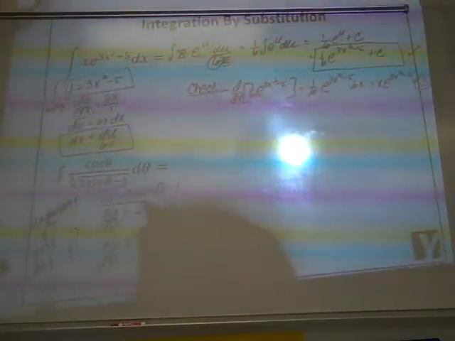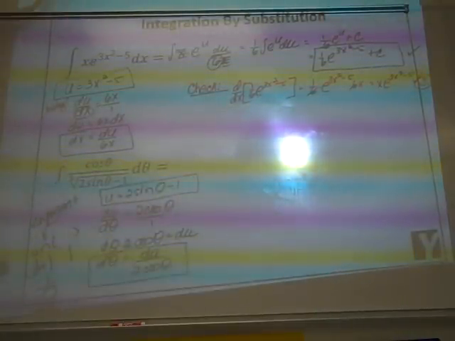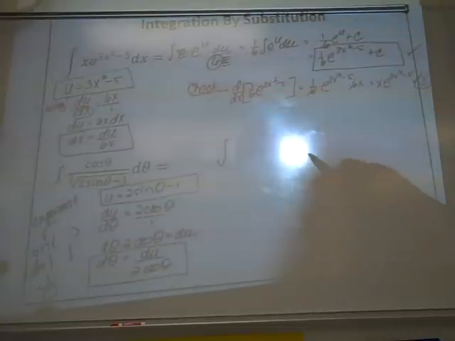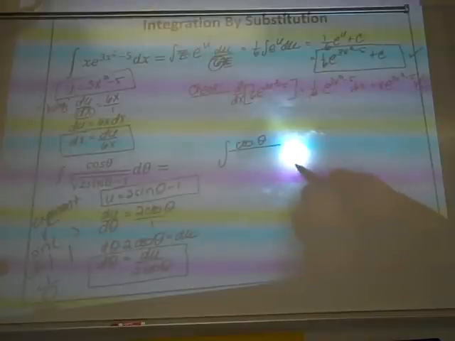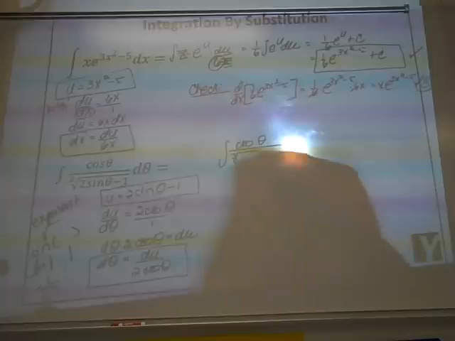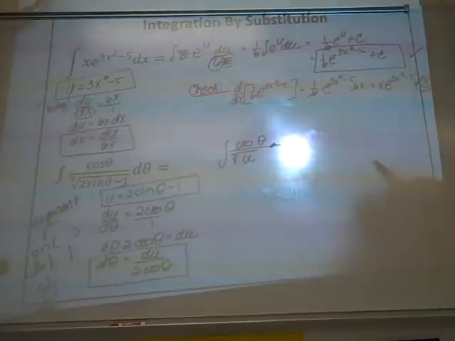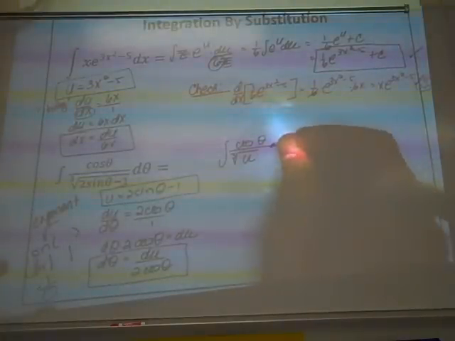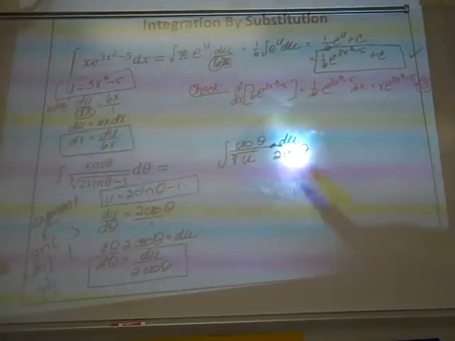At this point, we take our original substitution and the d theta, and we rewrite our integrand. We don't have a new way to write cosine of theta, but you're going to see it's okay. Instead of the cube root of 2 sine theta minus 1, I'm going to write the cube root of u. Instead of multiplying by d theta, I'm going to multiply by du over 2 cosine of theta.